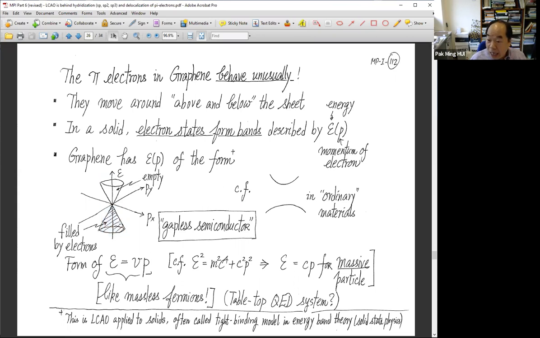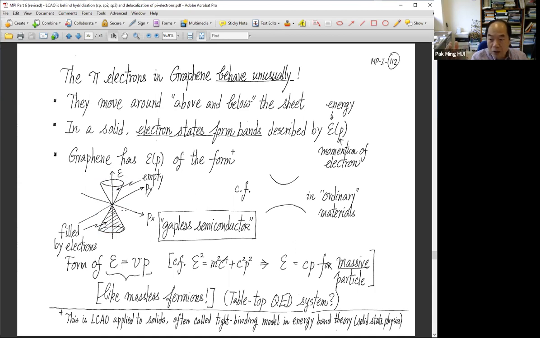And now we have electrons. After we fill all the electrons in, the electrons completely fill the lower cone and leave the upper cone completely empty. However, these two cones just touch at one point. Now that is the behavior that we understand.